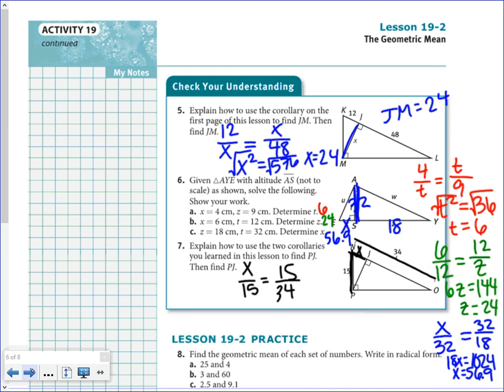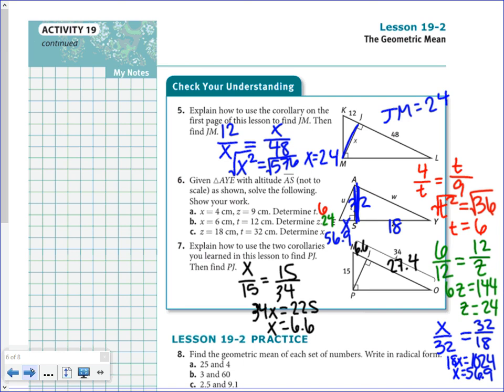So if you cross multiply, you get 34x equals 225, and so x is 6.6 if you round. So what that means, I know that this part right here is 6.6. Since this whole part is 34, I can subtract 6.6 from 34 and get that this is 27.4, rounded. If you want to use the whole decimal, you can.